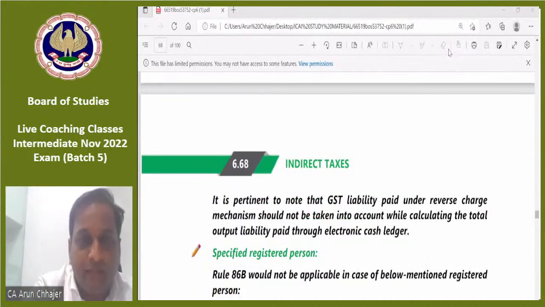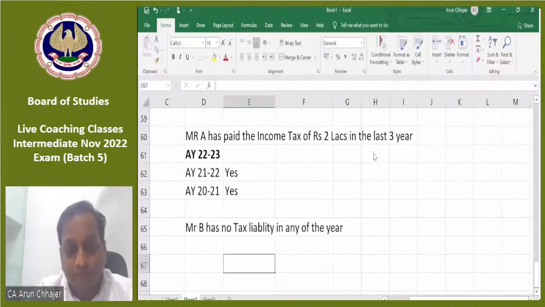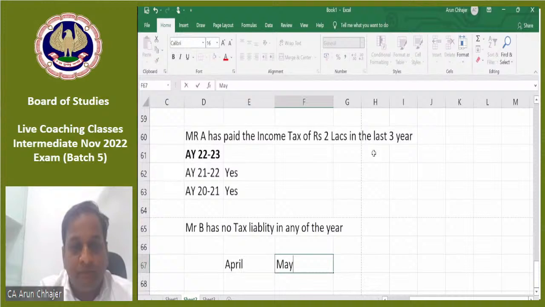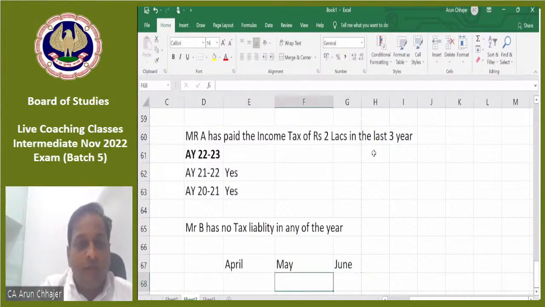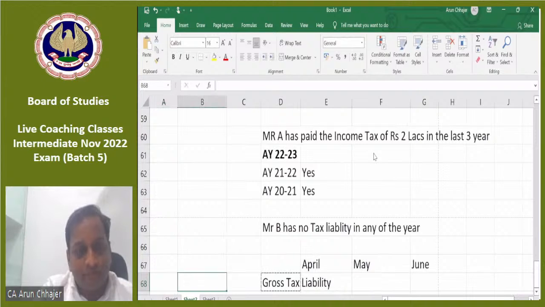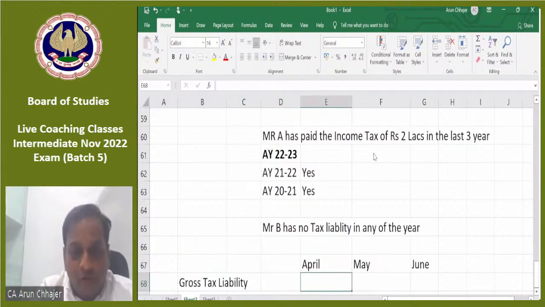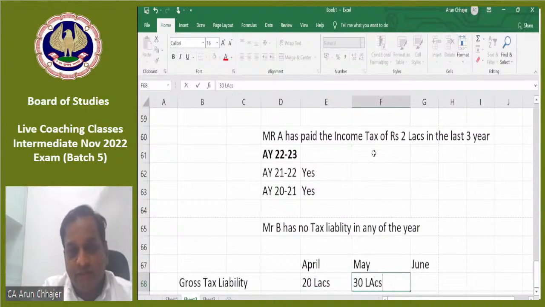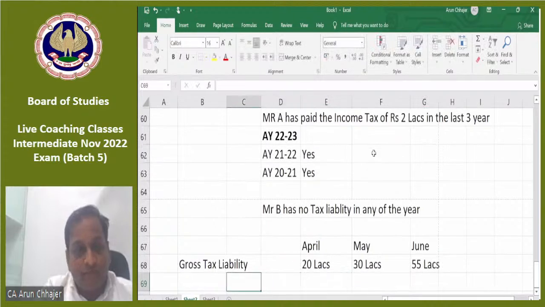Let me give you one example for this also. April, May, June. The gross tax liability, let's say, in April is 20 lakhs, in May is 30 lakhs, and in June is 55 lakhs.